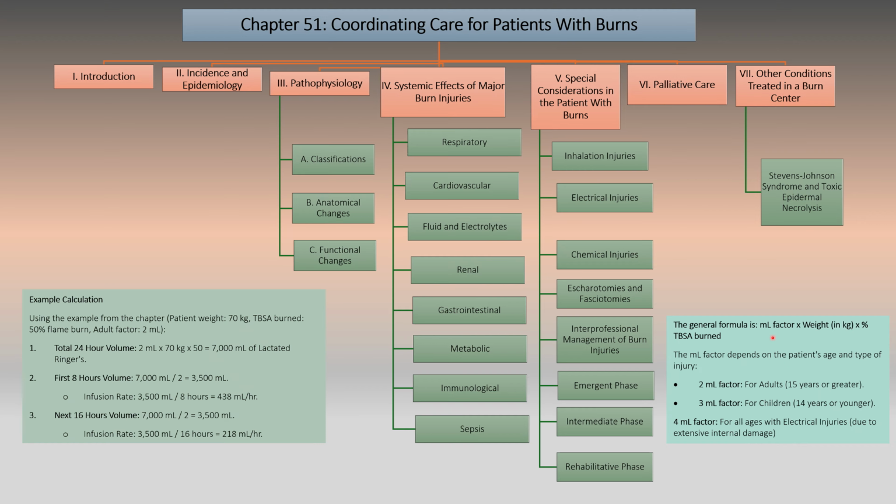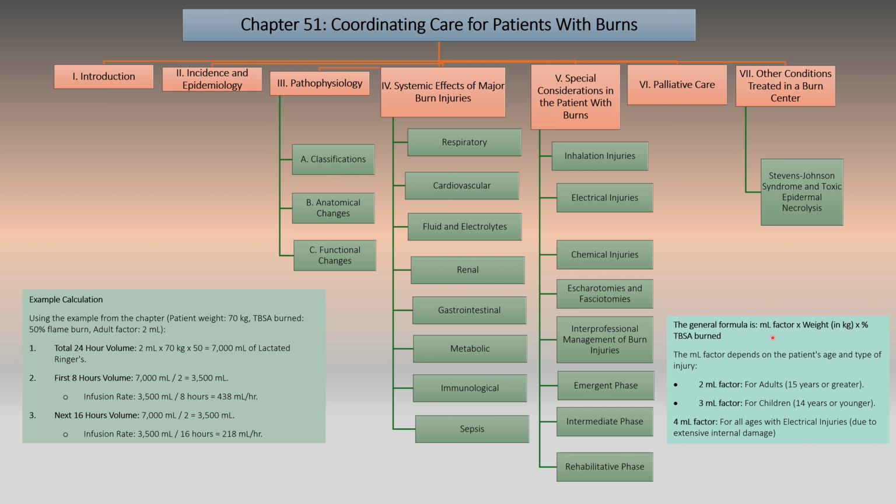So the lactated Ringer's solution, the LR, needed in 24 hours post-burn. The general formula is total volume equals mL factor times weight in kilograms times percentage of TBSA burn.